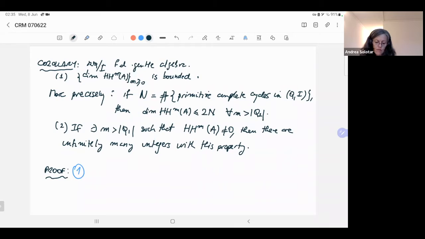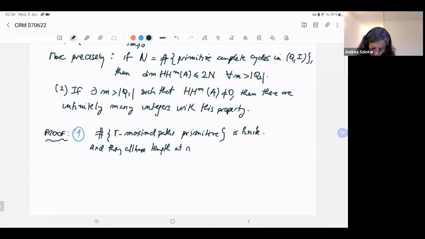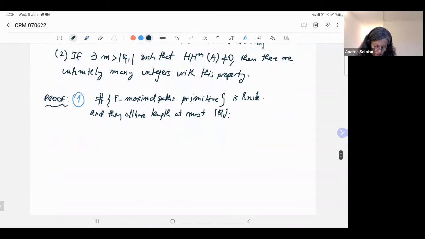So the first part of the proof. Let us consider the number of gamma maximal paths that are primitive. Okay, they are not the power of another gamma maximal path. So this number is finite. They all have length at most the number of arrows. So why is this?